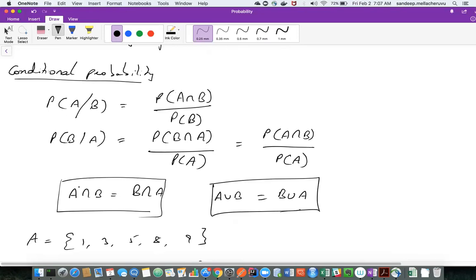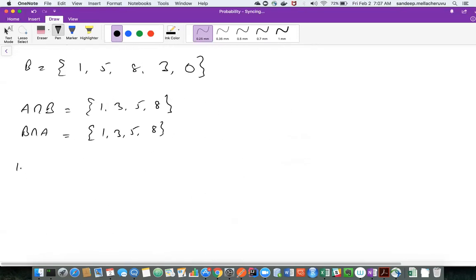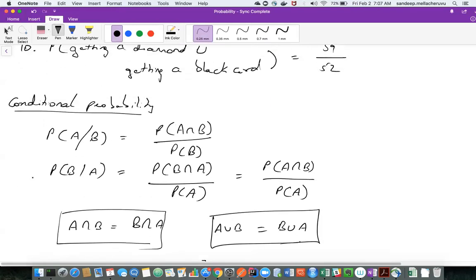Now, what is this conditional probability? I'll solve it again using an example, so it will be easier for you.